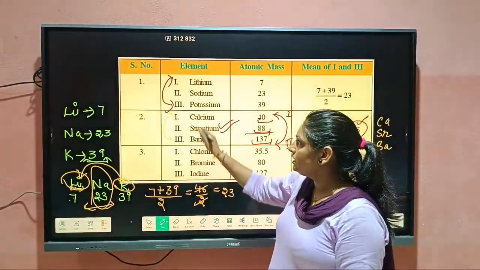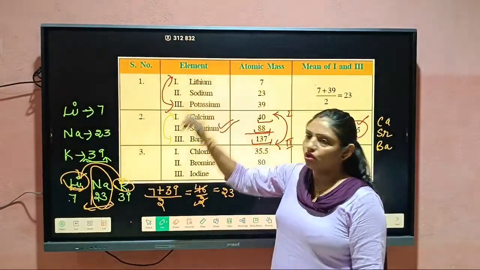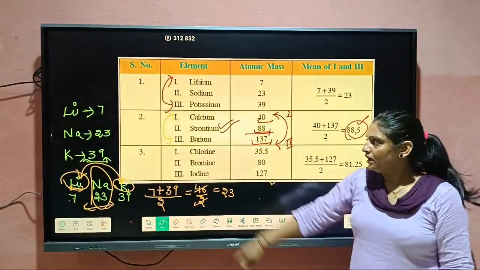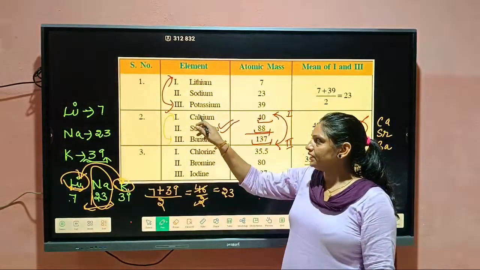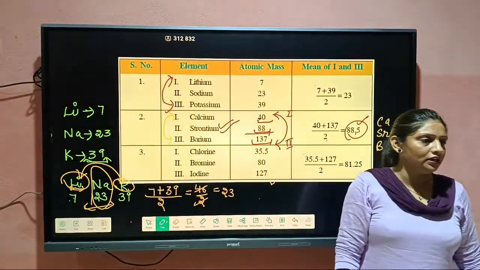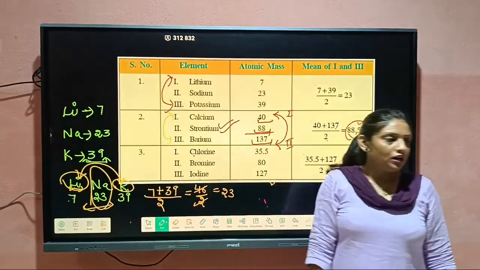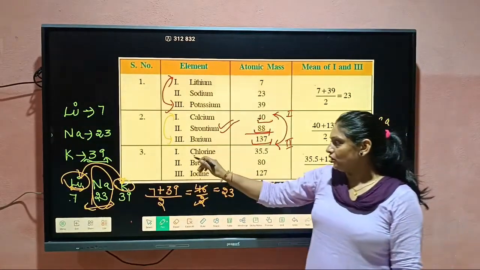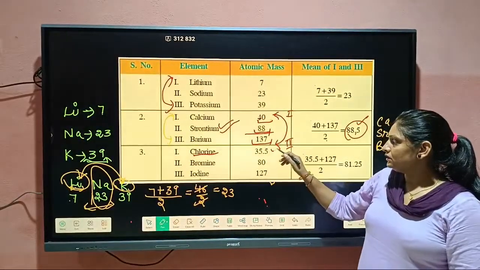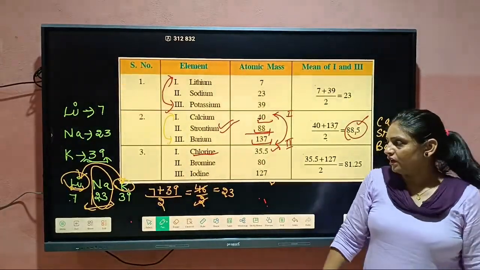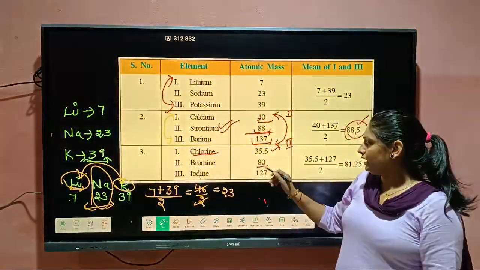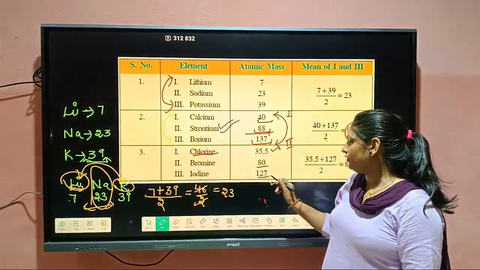The first triad is lithium, sodium and potassium. The second triad is calcium, strontium and barium. And the third triad is chlorine, bromine and iodine. Here chlorine has atomic mass 35.5, bromine 80, and iodine 127.